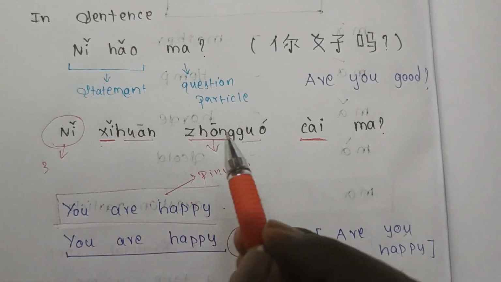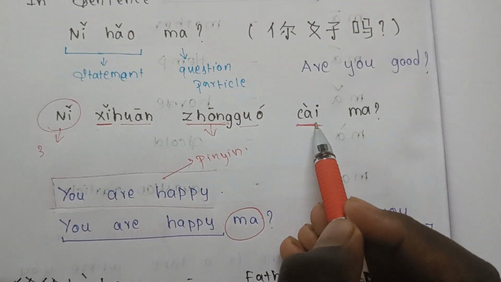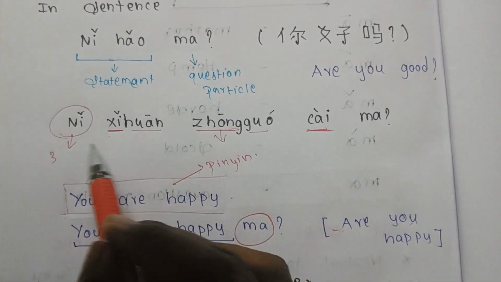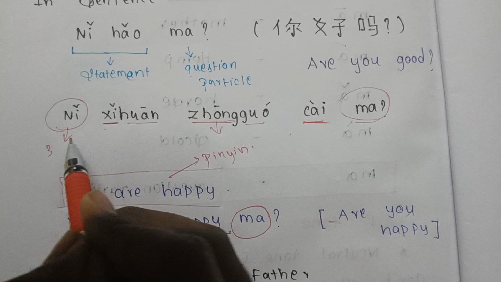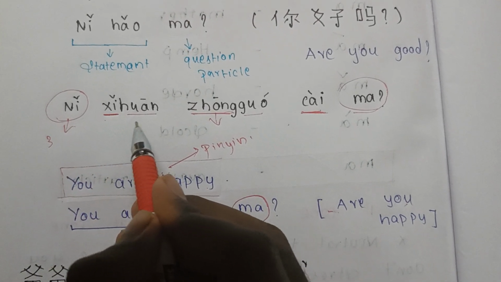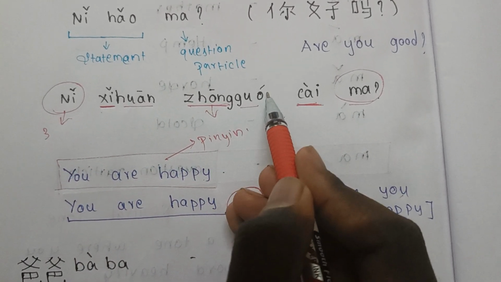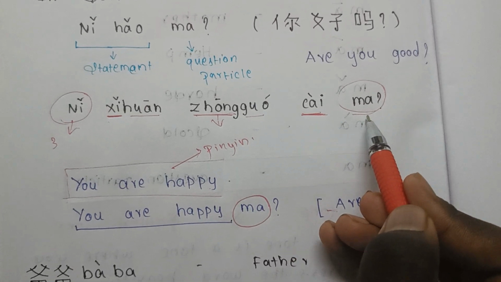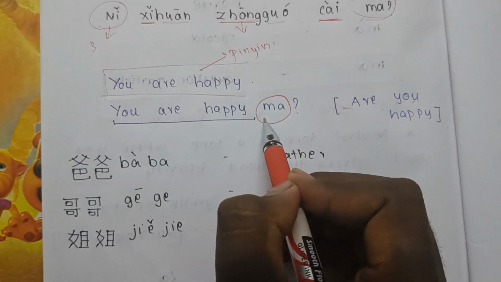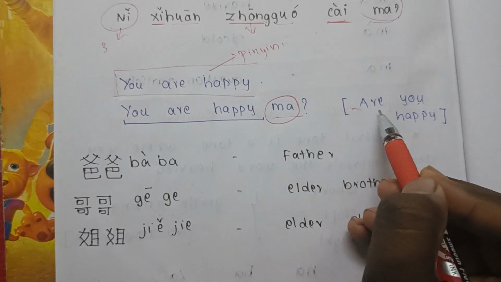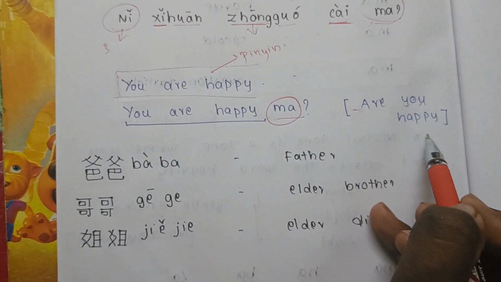Ni xi huan chang hua kai, which means I like Chinese food. If you add a ma, ni xi huan chang hua kai ma, which means do you like Chinese food? If you add a ma at the end, it becomes a question.